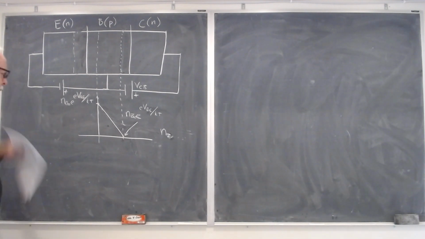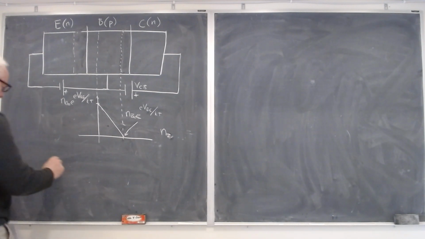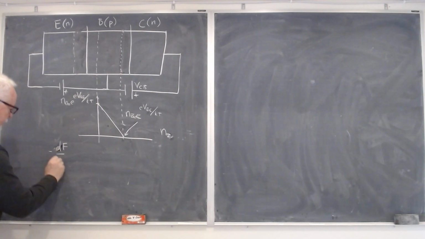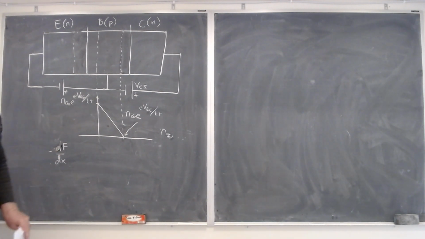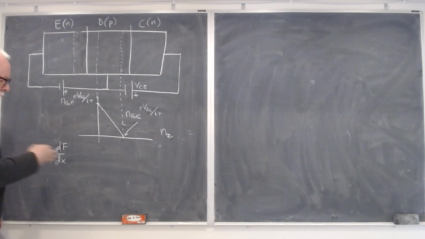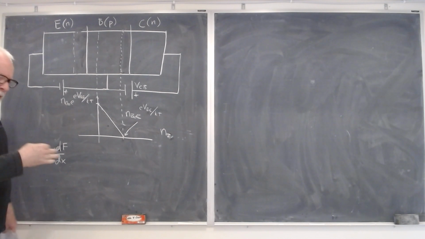Diffusion theory is that minus dF/dx, where F is the flux, means the change in flux. Flux is carriers per unit area per unit time. So if this is changing, the carriers have to go somewhere, because the flux is changing.